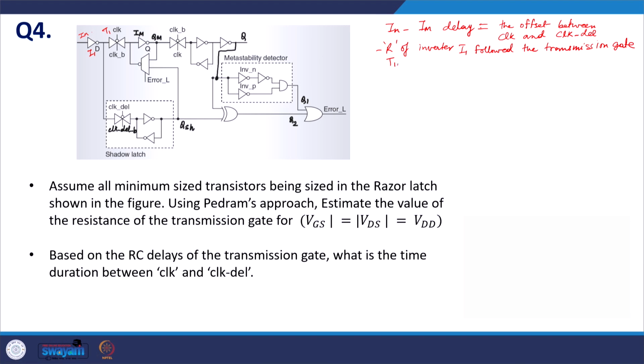Once we obtain that, then the RC time constant would determine the delay. So, how do we obtain this effective or average resistance?